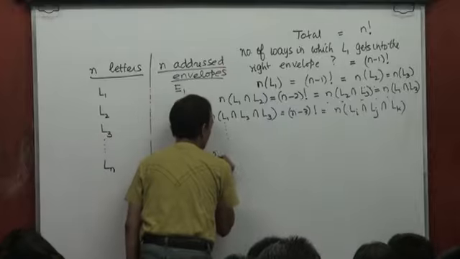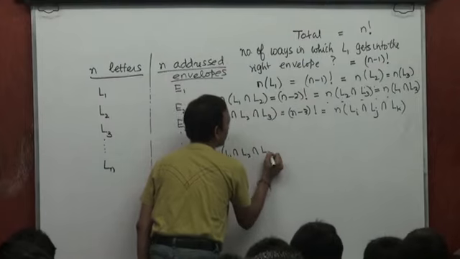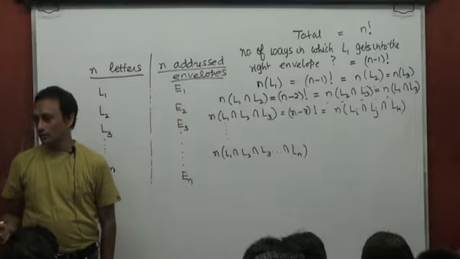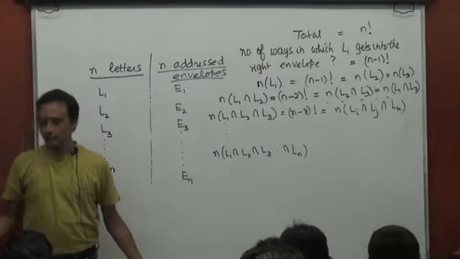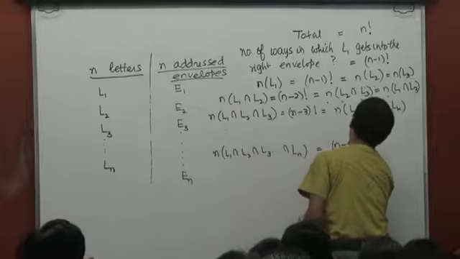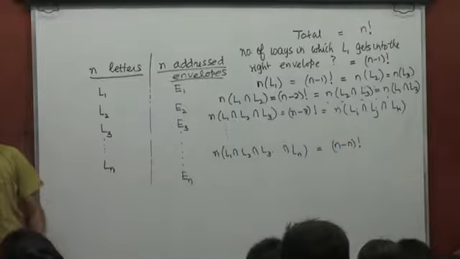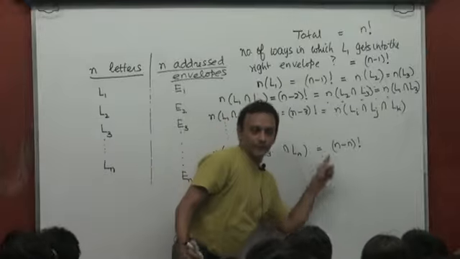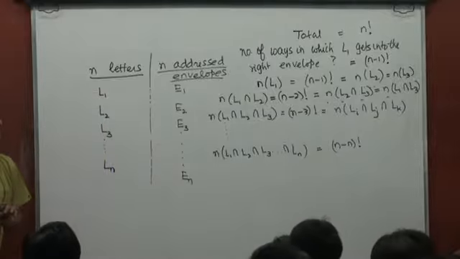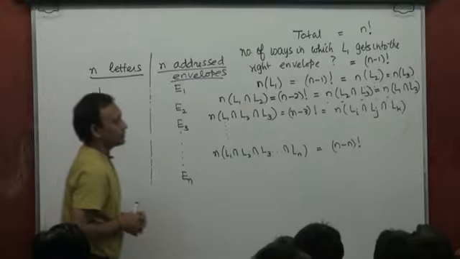Going this way, the number of ways in which L1 and L2 and L3 and Ln get into the right envelope. One way, just one way, right? So this I can write as (n − n) factorial ways, which is 0 factorial, (n − n) factorial, just to bring symmetry in the representation.